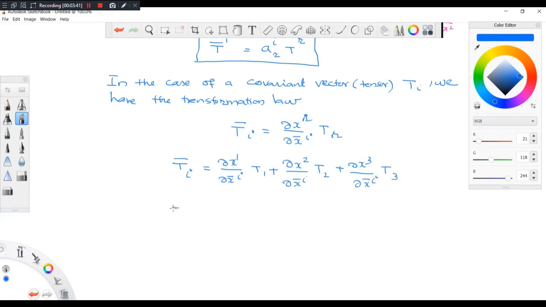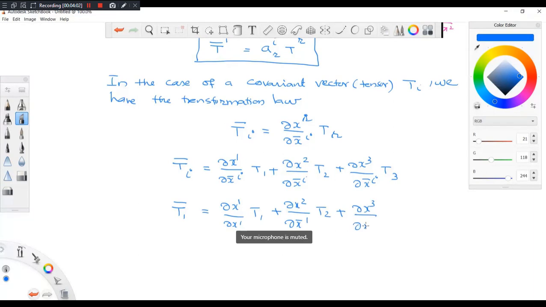Okay, and if you want T1 bar, then one has to make it del x1 by del x bar 1 into T1 plus del x2 by del x bar 1 T2 plus del x3 by del x bar 1 T3.